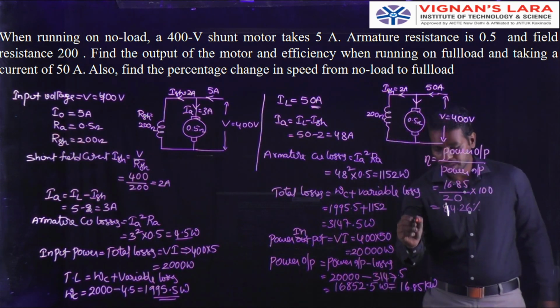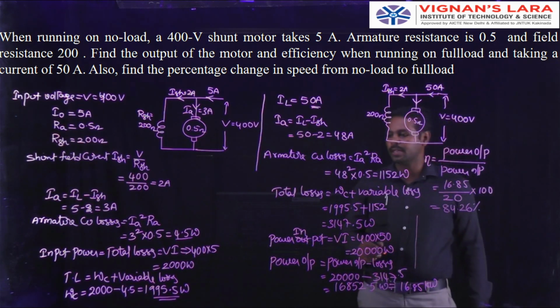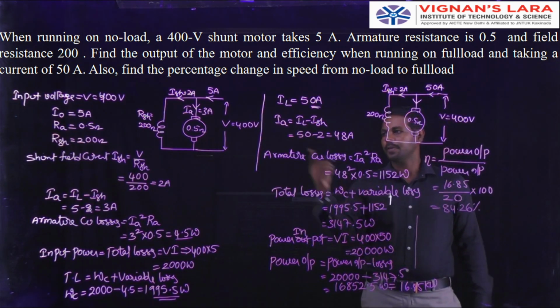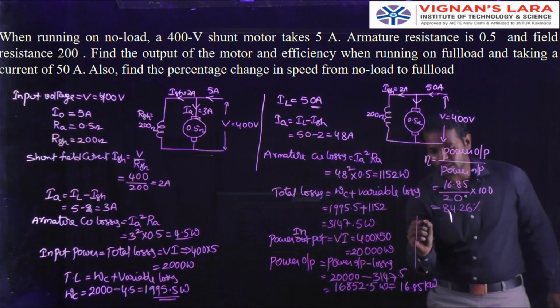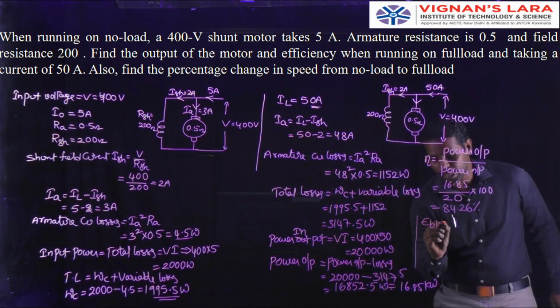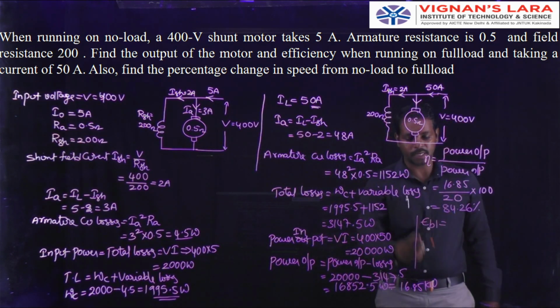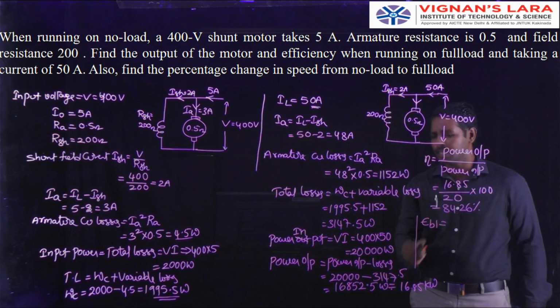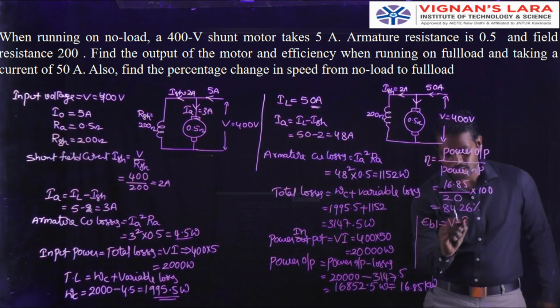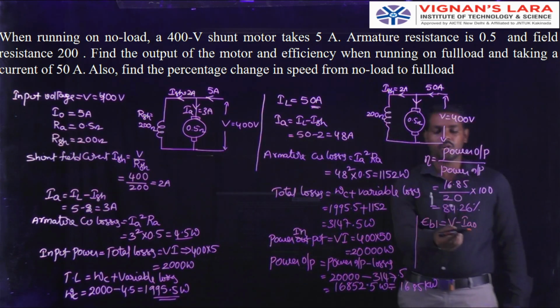Percentage change in speed is calculated using the back EMFs of both conditions. EB1 is at no load condition. From the voltage equation of a motor, EB1 is equal to V minus IA naught into RA, where IA naught is the no load armature current.